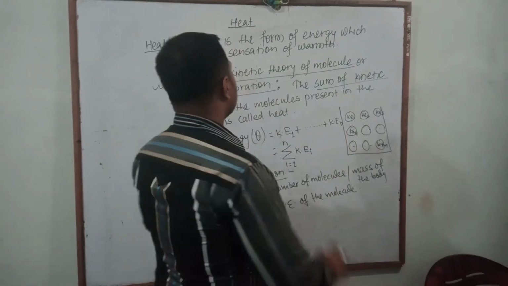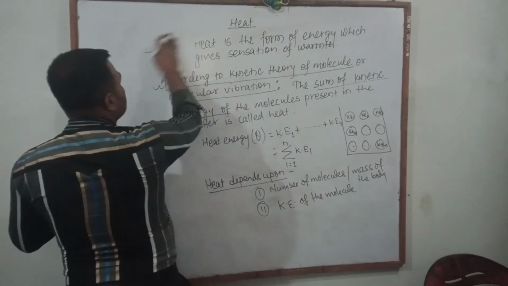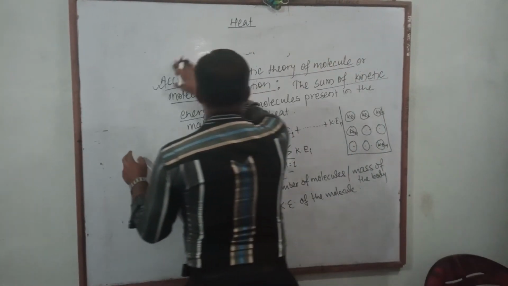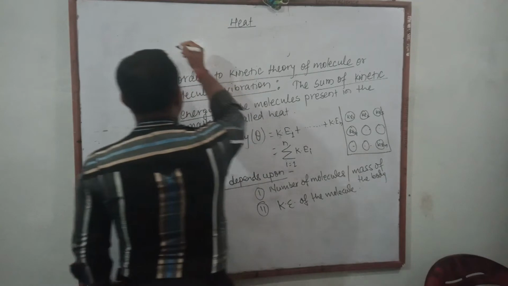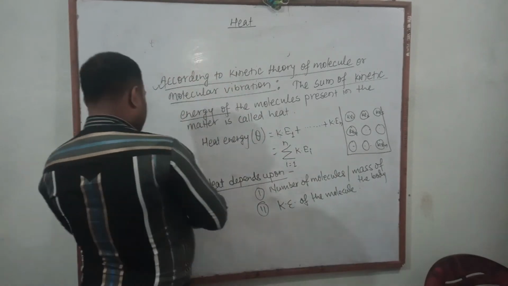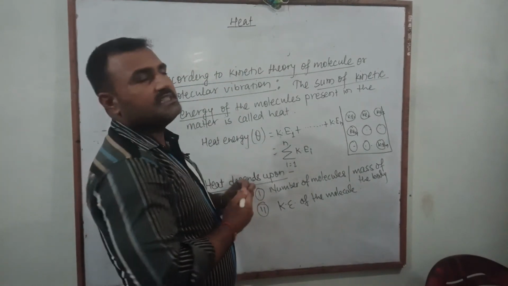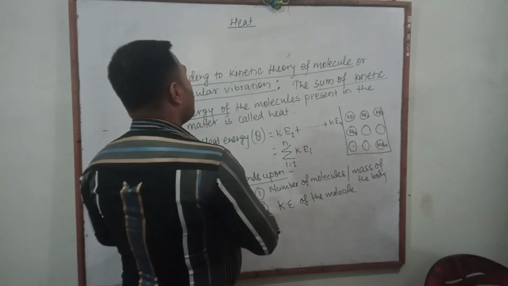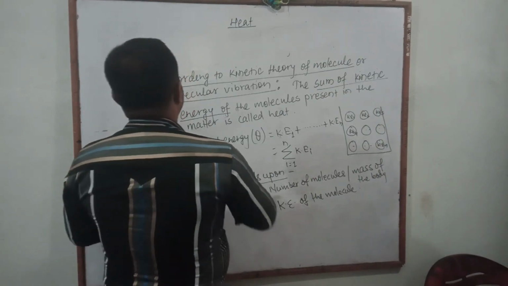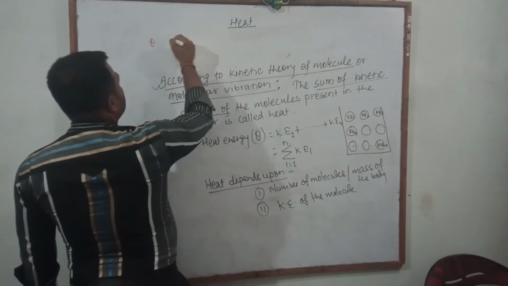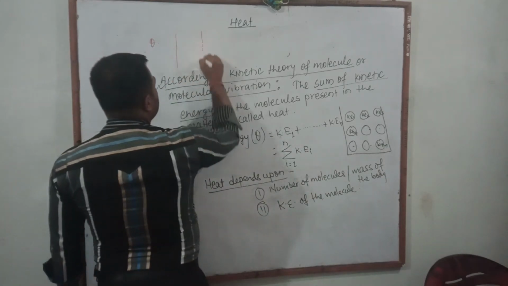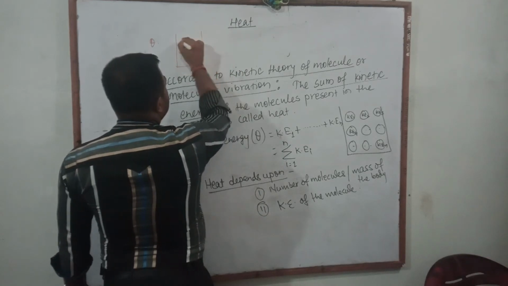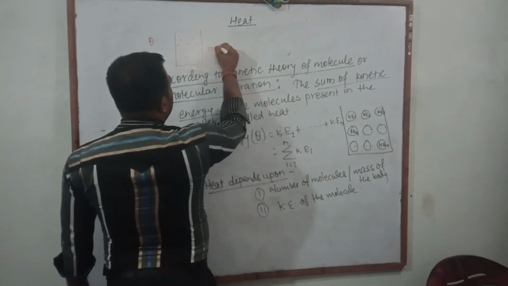From that we can make the concept clear by taking an example, in the form of a question. Suppose we consider two containers. Listen, the first container or beaker contains 100 ml of water.